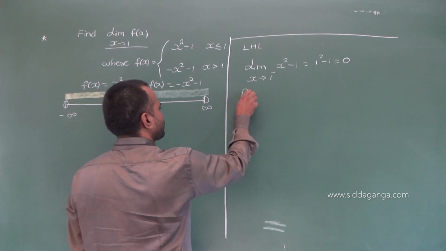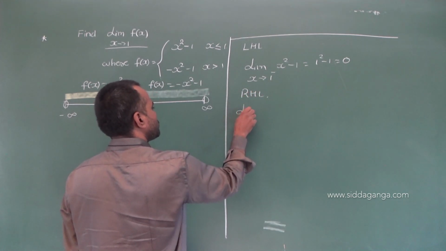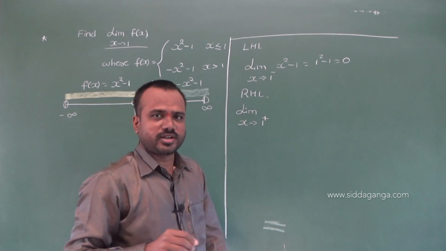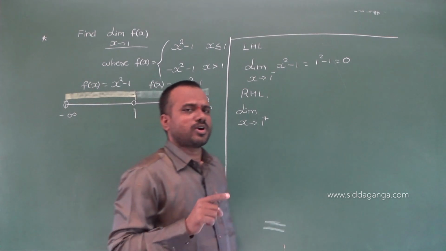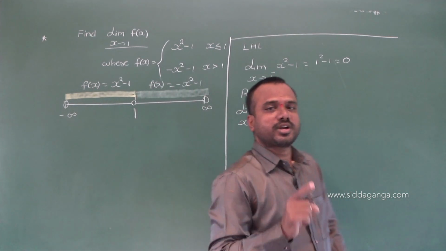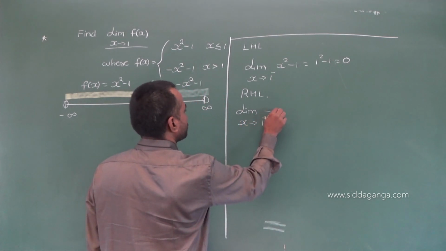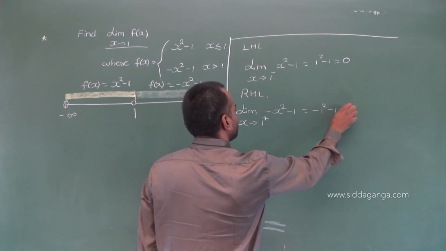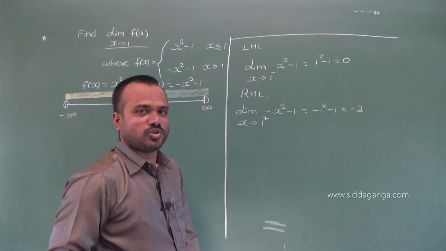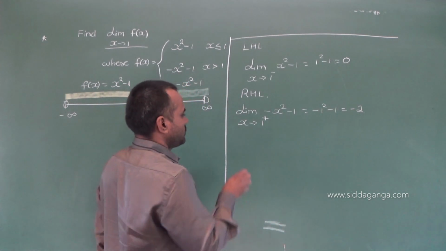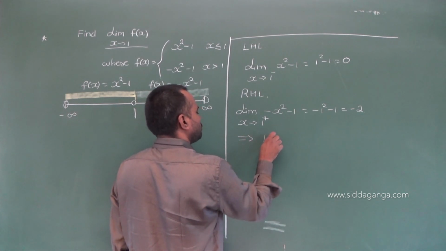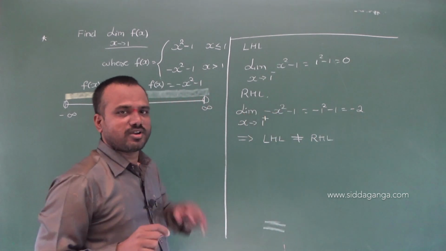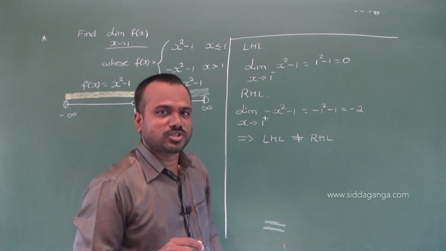So the right hand limit: limit x tends to 1 plus. That indicates we are finding the right hand limit. At that time we use the function minus x square minus 1, so minus 1 square minus 1. The answer is minus 2. Observe the values. That implies the left hand limit is not equal to the right hand limit.